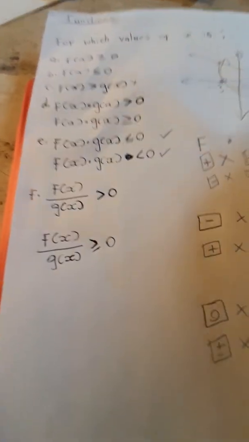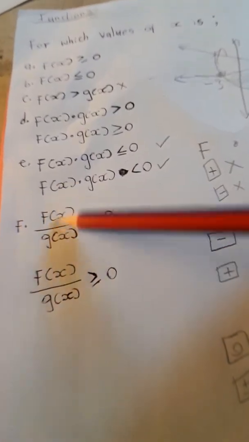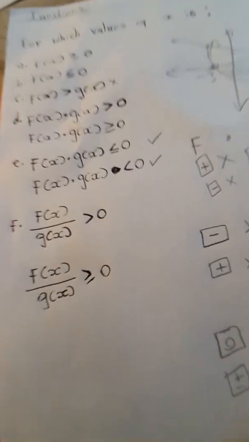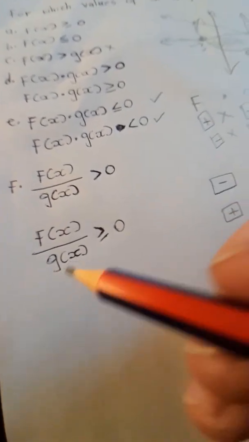And then for which values of x is f of x over g of x greater than 0? Here you only need the y values of f of x and g of x.